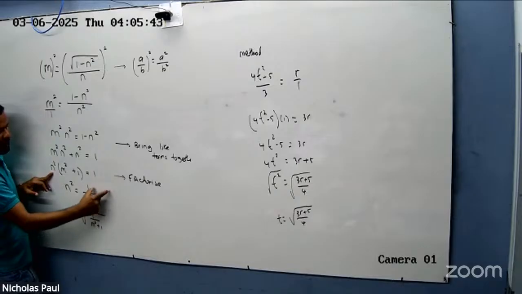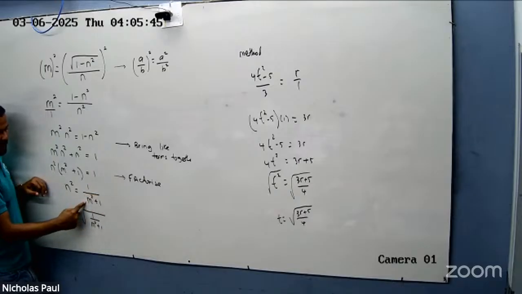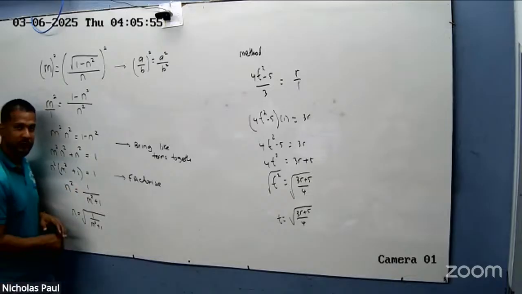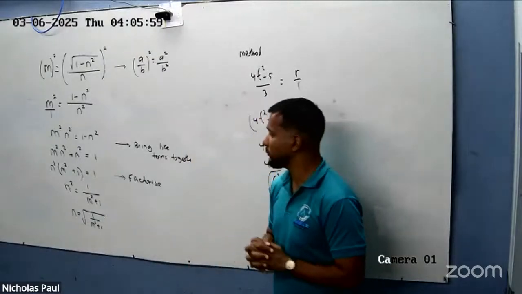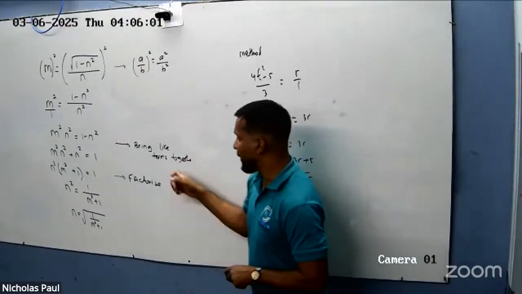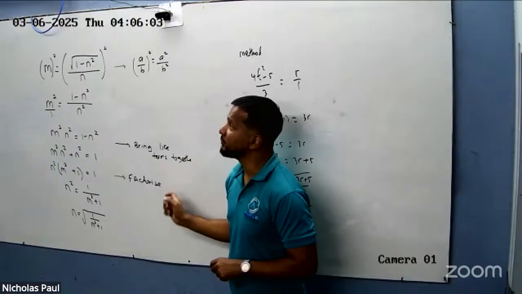Multiplied across the equal sign becomes divide. So now I have n squared is equal to 1 on m squared plus 1. And then squared means square root. Carry the squared across and it becomes square root. You okay with that? So we have to remember these two things here, right?